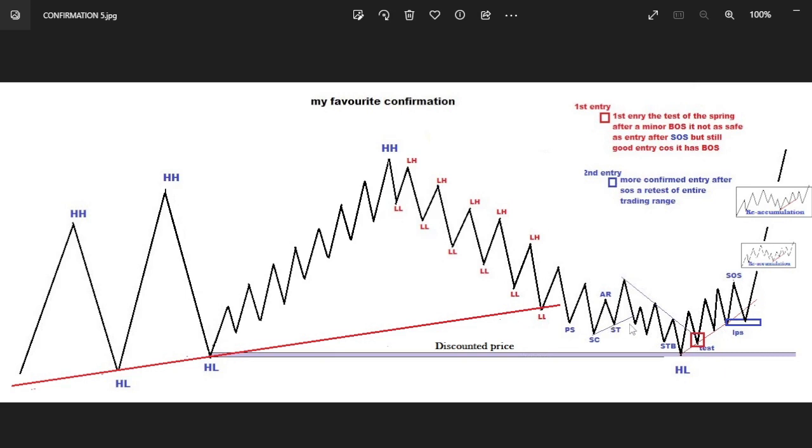So I have to go to 1 hour within this move and look for this entire structure. You see, high, high, low, high, low, high, and the manipulation of this trend line.